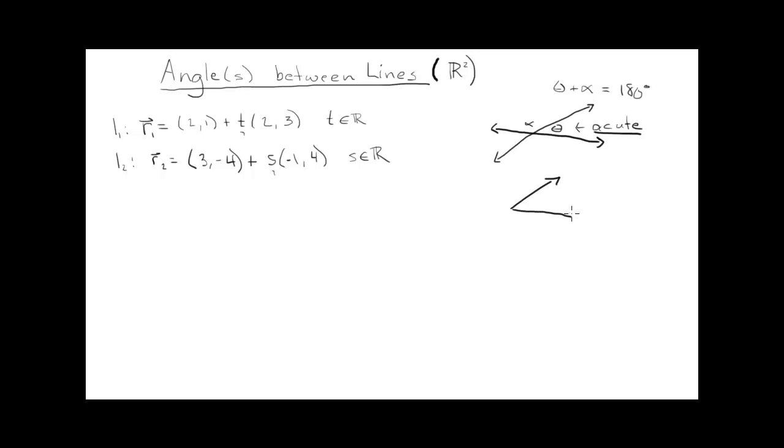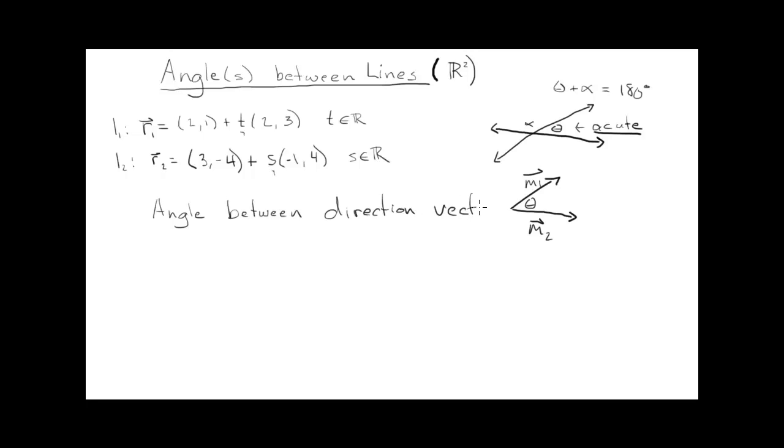So how are we going to find the angle between two lines? Well, all you have to do is look at the direction vectors. If this was M1 and this was M2, then the angle is just the angle between the two direction vectors. So just find the angle between direction vectors, and that's a piece of cake.